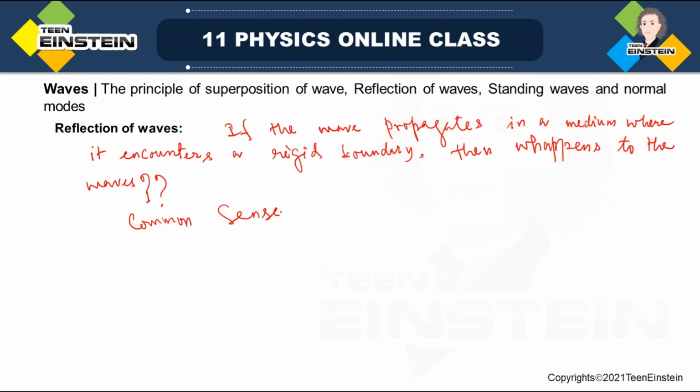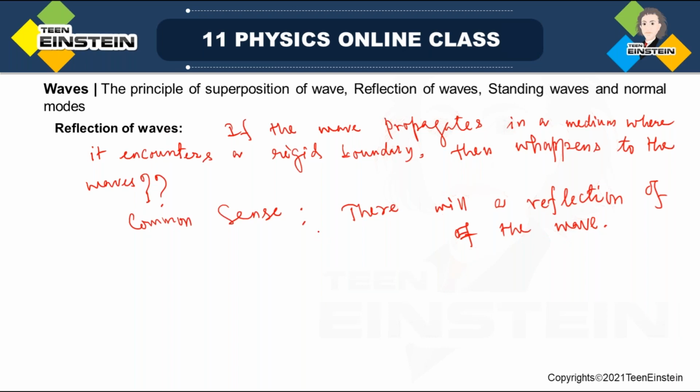Common sense says that there will be a reflection of the wave. That means the wave will get reflected from that boundary, isn't it? So this is the common sense.